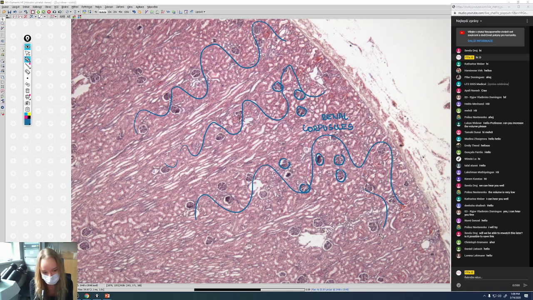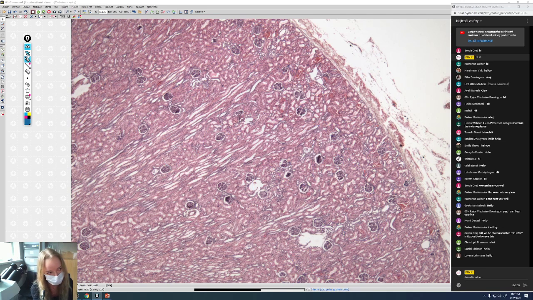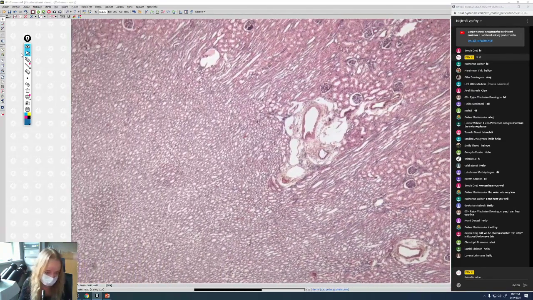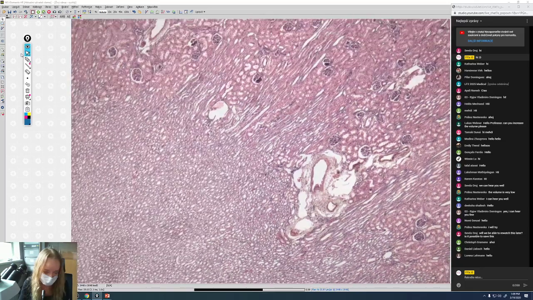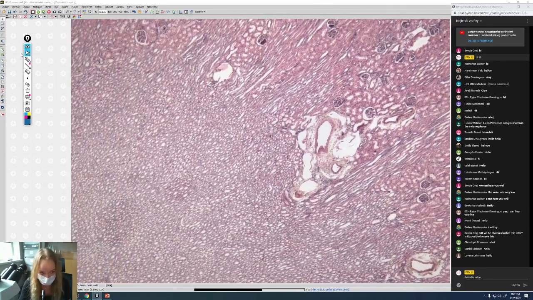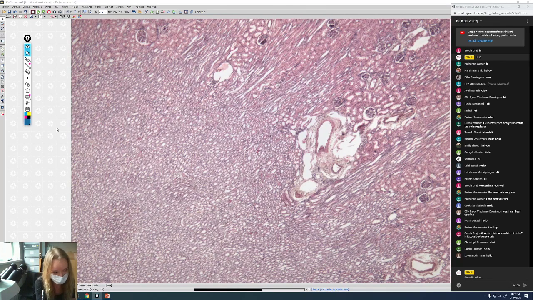Everywhere where you can find the renal bodies, there's the cortex. On the other hand, we can see some parts here which don't contain the renal bodies. So you can see a whole big part here, the place right here, where you can't see these renal bodies. So this is the medulla.